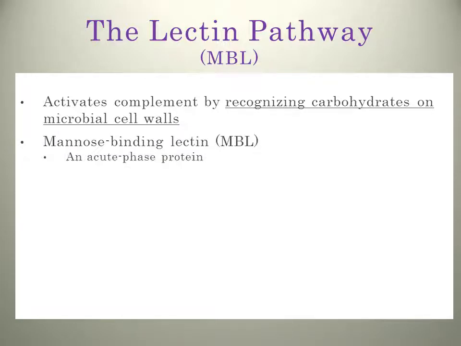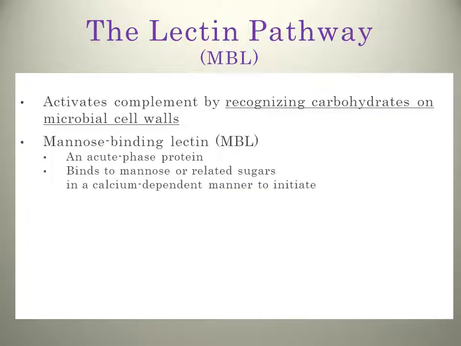The mannose binding lectin itself is an acute phase protein. In other words, it's present when inflammation is going on. The MBL, the lectin, binds to mannose or other sugars, and it too requires calcium in order to bind.